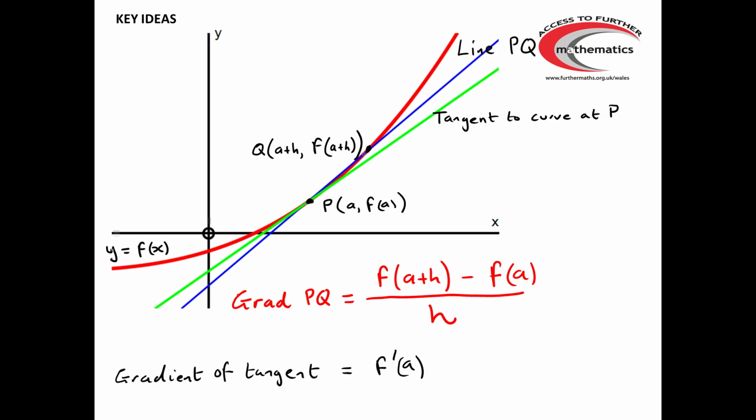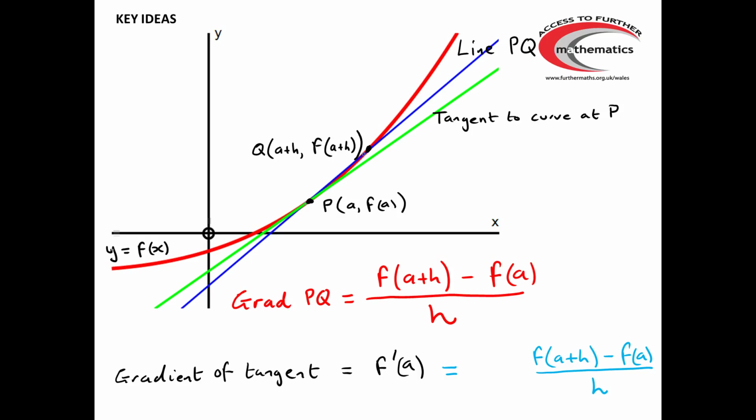Now, the gradient of the tangent is f dash a, and f dash a is not quite the same thing as the gradient of PQ. Gradient of PQ will be quite a decent approximation to the gradient of the tangent, provided Q is close to P. And if we push the point Q closer and closer to P, the approximation will get better and better.